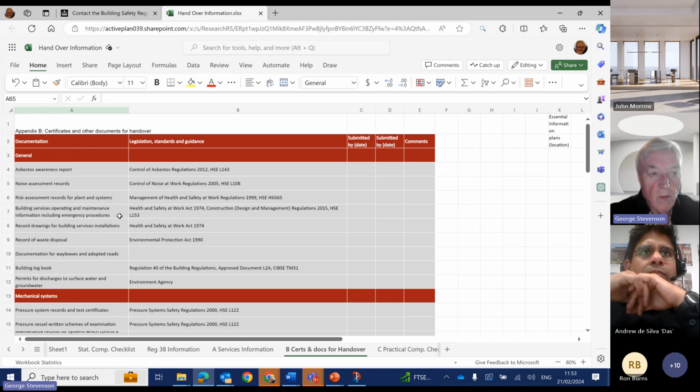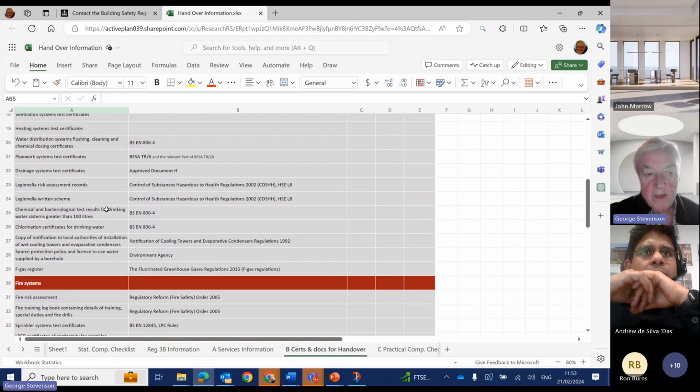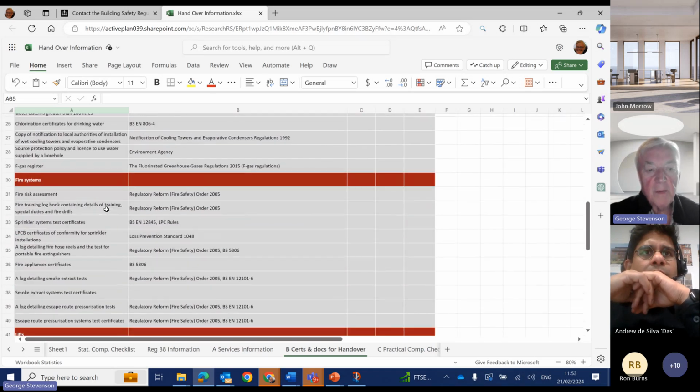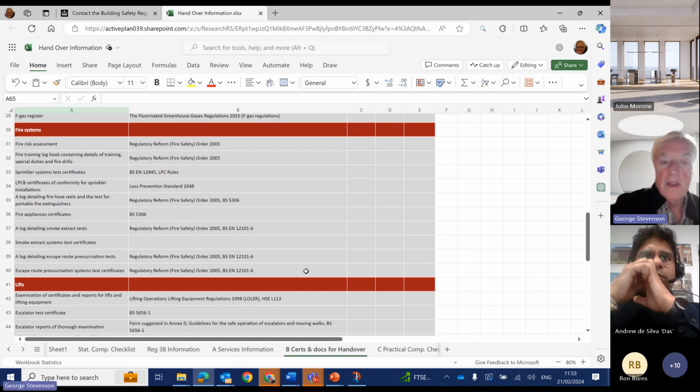We can also then look at what documentation is required, and we can build this into a set of information requirements, which can then be used to test to see whether the information has actually been handed over. And I can't see any other way of a responsible person or a client saying that they've received what they need.